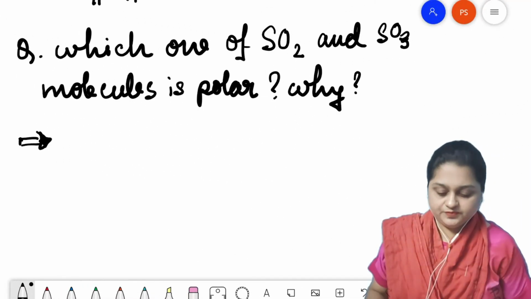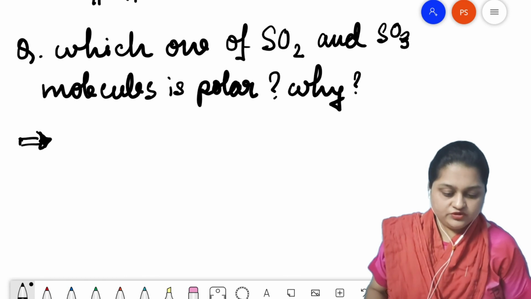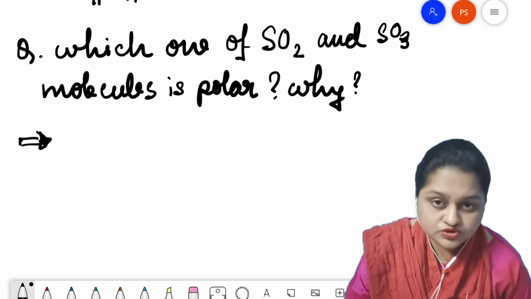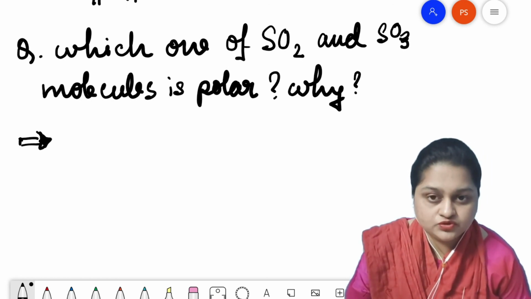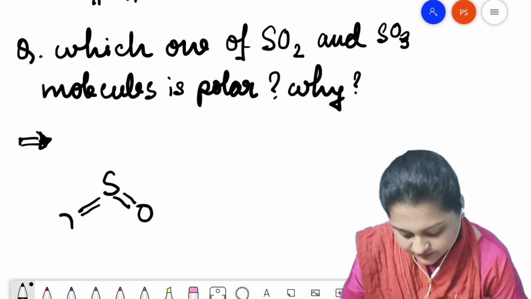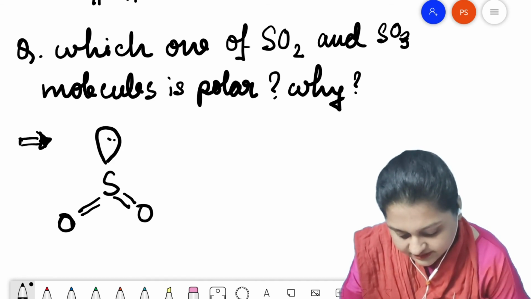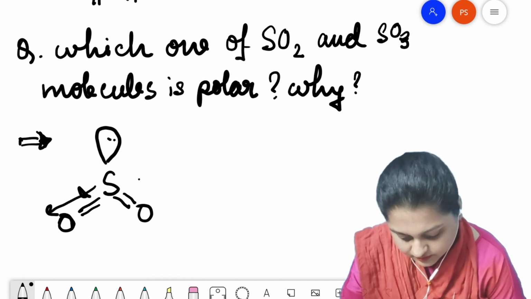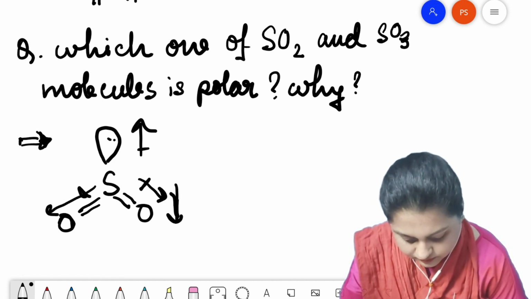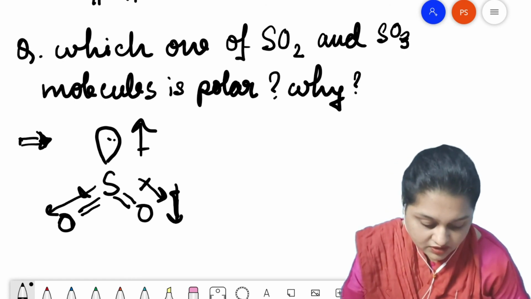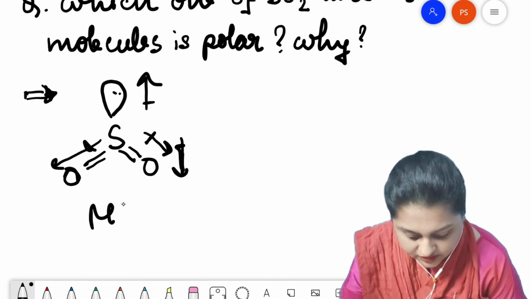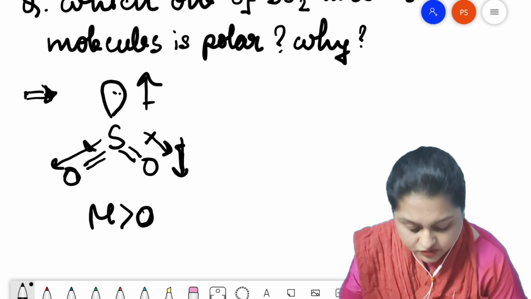The next question is: which one of SO2 and SO3 molecules is polar and why? The geometry of both SO2 and SO3 is trigonal planar, but the structures of SO2 and SO3 are different. The structure of SO2 is bent or angular, which looks like this. As this is a bent or angular structure, the dipole moment is small but greater than 0.